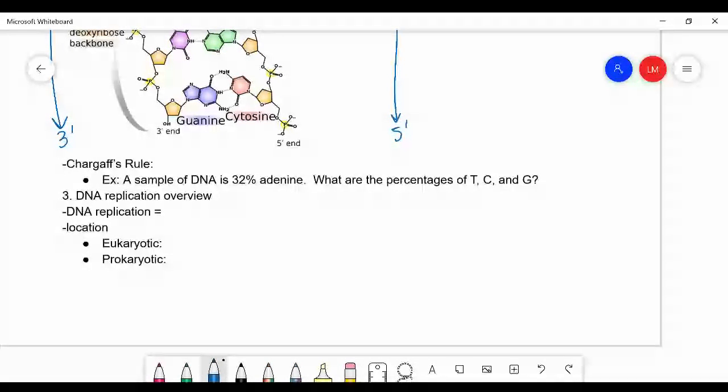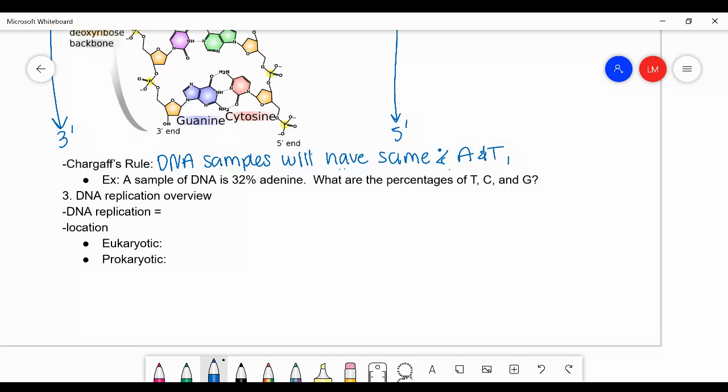So that led him to the conclusion that A must bind or pair with T, and C pairs with G. So his rule says that DNA samples will have the same percent of A and T, and also the same percent of C and G.